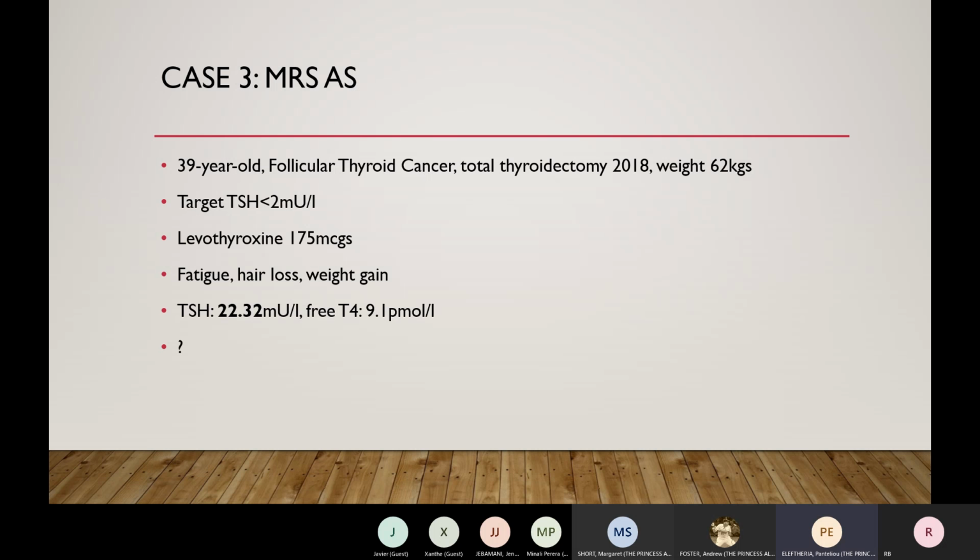And this is a similar case of someone who essentially didn't take her medications. And I want to emphasize that with your patients, rather than confrontationally asking the question, do you take your thyroxine, I would probably adopt a more sympathetic approach and say, how do you take your thyroxine?